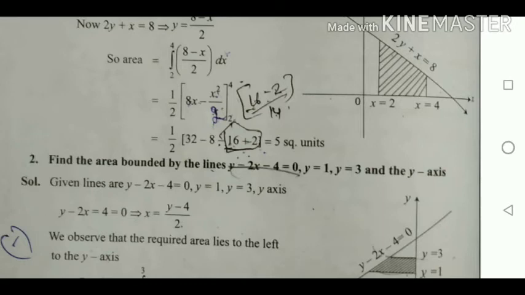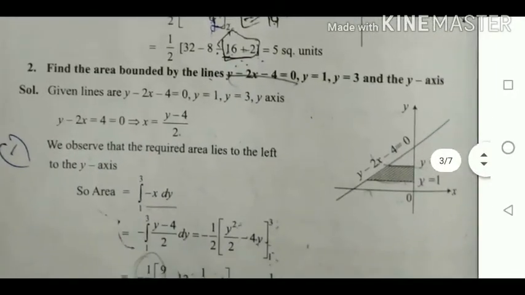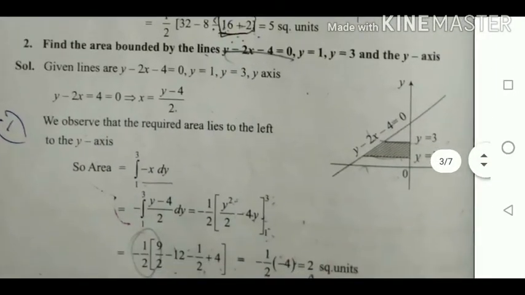Minus 8 into 2, that is, the lower limit is 2. Substituting this in x, we get 8 into 2, 16, then 2 square becomes 4, 4 by 2 becomes 2. Okay, we get the answer 5 square units. Okay, now the next sum is also like that only.